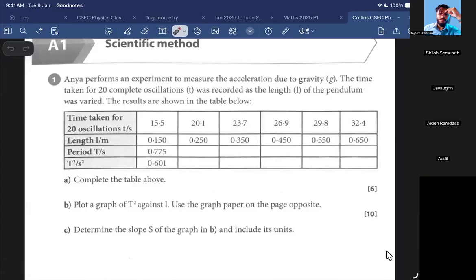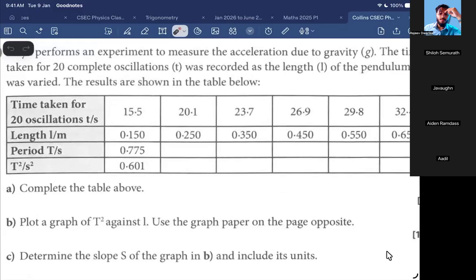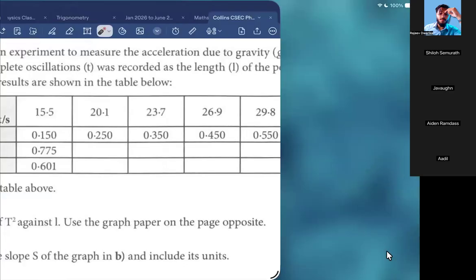Sir, human reaction time error. Yes, human reaction time error. That is it. Cool. So, let's figure out the period first. If this is the time taken for 20 oscillations, how would I find the time for one oscillation? Sir, divide by 20. I'd have to divide it by 20, yes. So there we go.